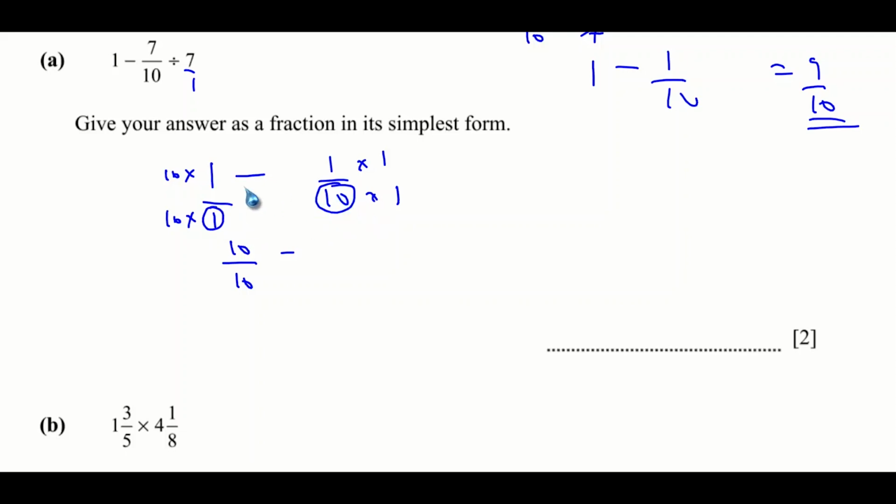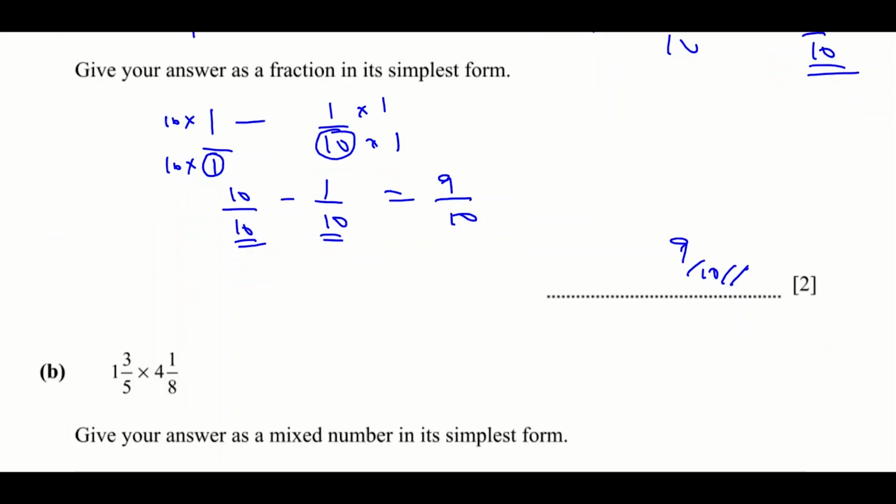So this will be 1 out of 10. Now they have a common denominator, so you can just do 10 minus 1, that will be 9 out of 10, because you can only add or subtract the numerators if and only if the denominators are the same. So we have 9 out of 10 left here.